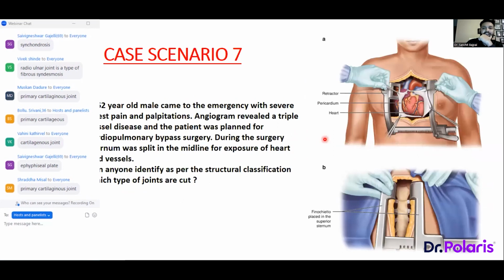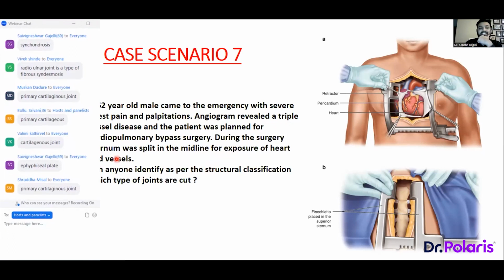Thank you, sir. Now we move on to the 7th scenario. This is also something very interesting. A 62-year-old man came to the emergency with severe chest pain and palpitations. His angiogram was done and it revealed a triple vessel disease. That means all 3 heart vessels were blocked, and the patient was planned for cardiopulmonary bypass surgery. Now this is again a trick question.